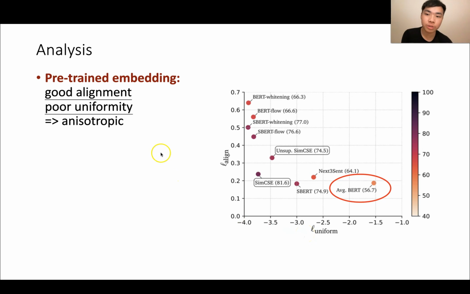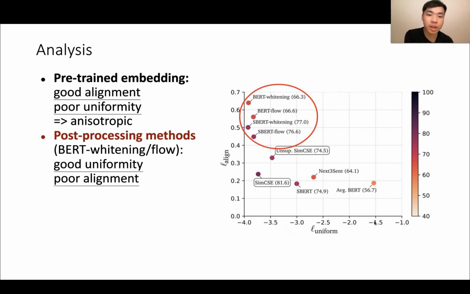You can see if you directly take the average of the BERT embeddings, you get a very good alignment, but your uniformity will be very bad because of the anisotropy problem of BERT. If you do some post-processing for BERT embeddings, you can get a much better uniformity because now your representation space is a Gaussian distribution, but your alignment will be compromised.